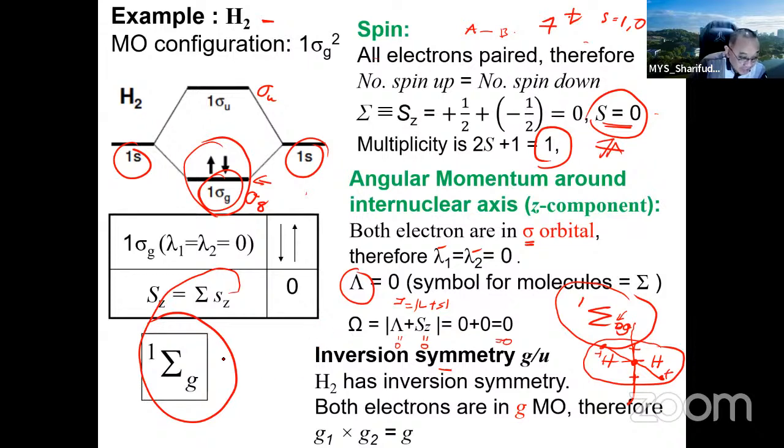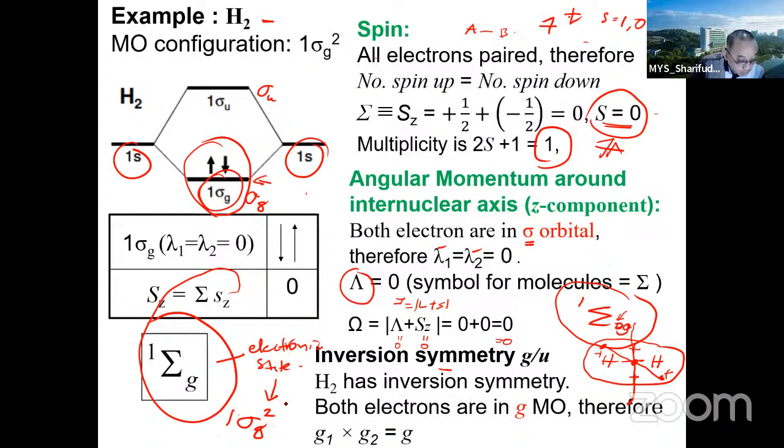So you have an electronic state, which is another thing that needs to be clarified. The electronic state comes from the electronic configuration of 1 sigma G squared.